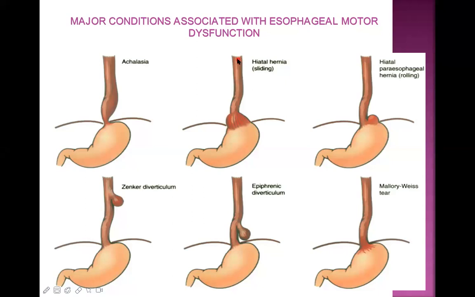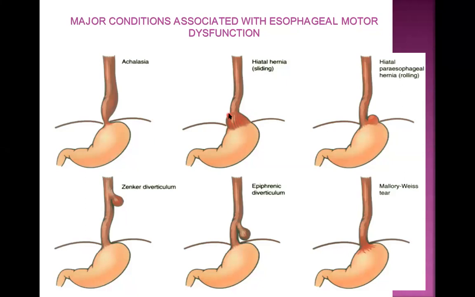See this. Now, this is the esophagus again. Here is the stomach, and this is the lower esophageal sphincter. Now, see here, the lower esophageal sphincter itself is herniated above the diaphragm and present in the thoracic cavity. So, this is the sliding type of hiatal hernia.